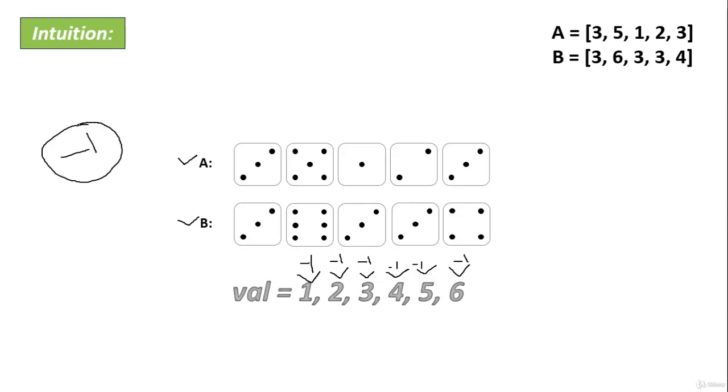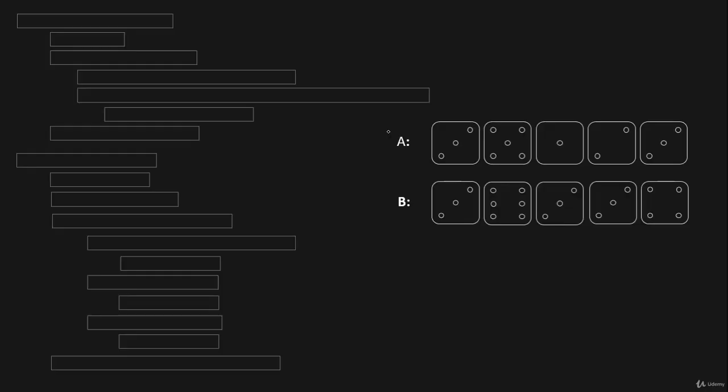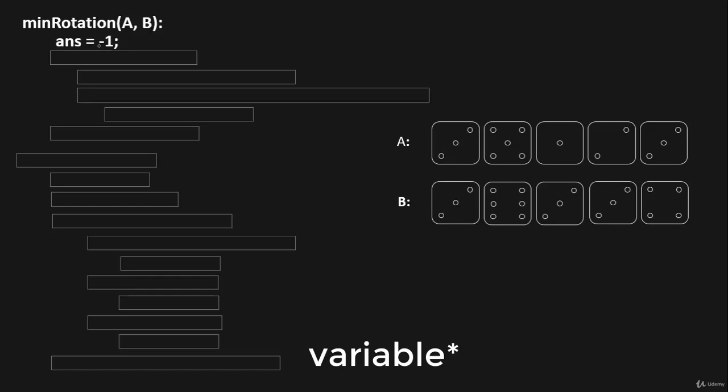Now let's see how we can solve this problem. For the sake of understanding, we assume we have these two arrays A and B. First, we're going to declare a function minRotation that takes A and B, the two arrays. Then we're going to declare a variable answer equals to -1, and this answer variable will store our answer. Then we're going to run a loop for val from 1 to 6.